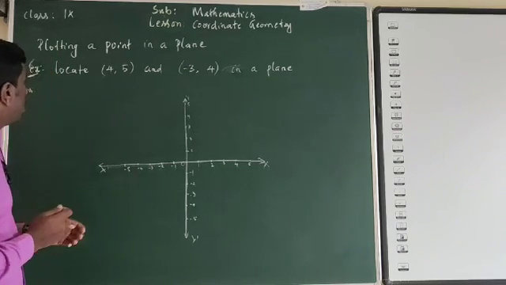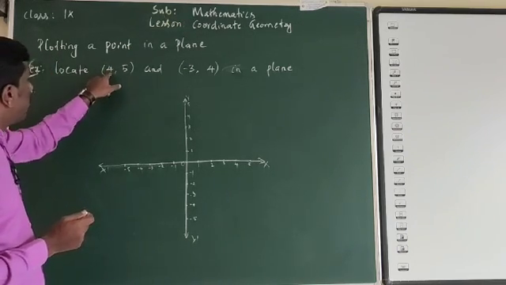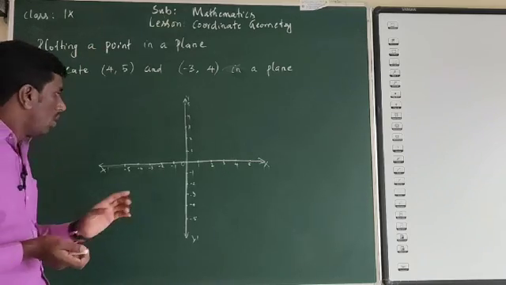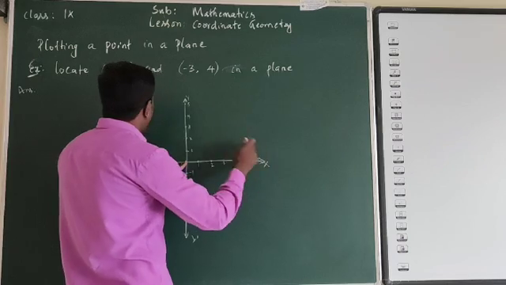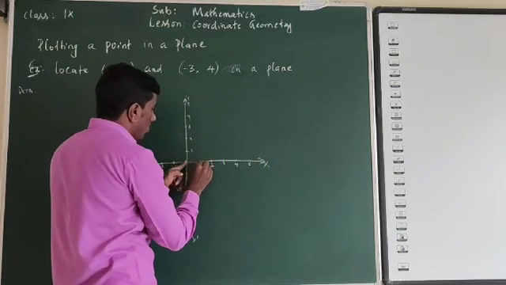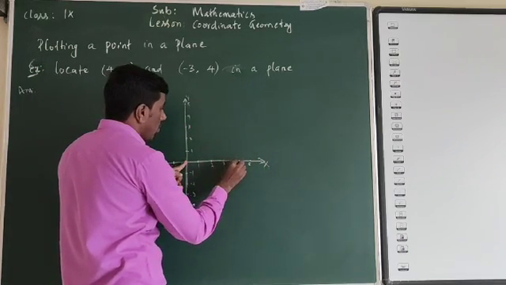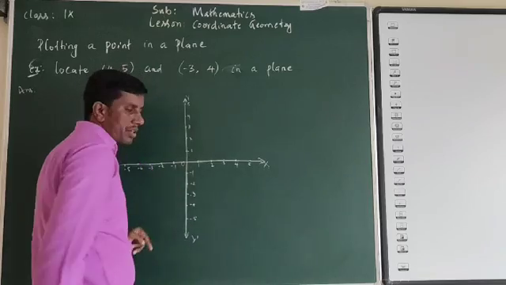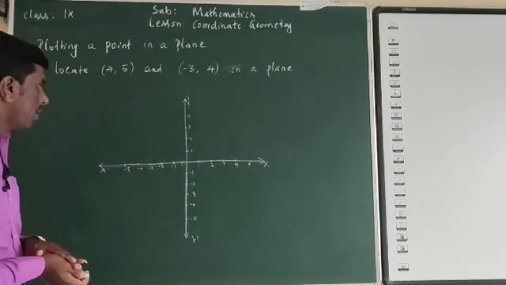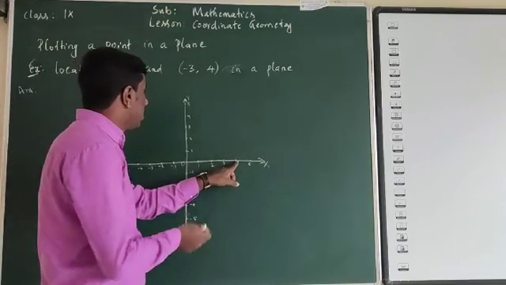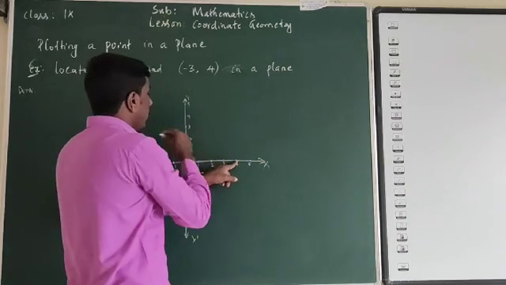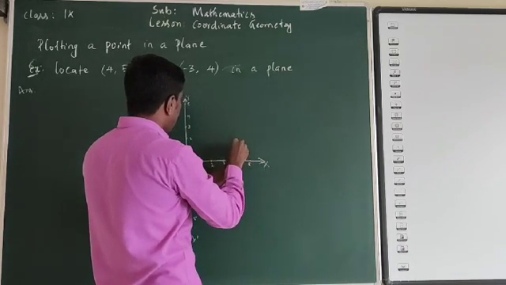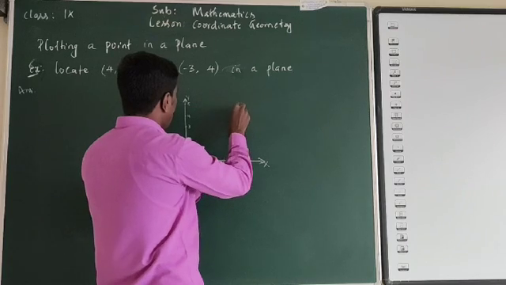Okay. So this is 4 units from the origin along the x-axis. Go 4 units: 1, 2, 3, 4. Mark the point. Okay. From that point, along the y-axis, go 5 units: 1, 2, 3, 4, 5.